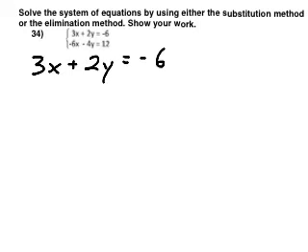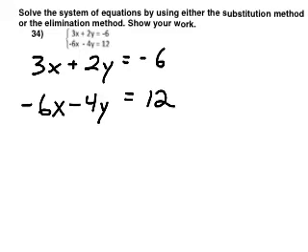And then leave some space. Negative 6x minus 4y equals 12. Okay, so that's room to multiply the top. Then I can fill it in between by 2. I'm going to multiply this by 2 also, so left side and right side both by 2.